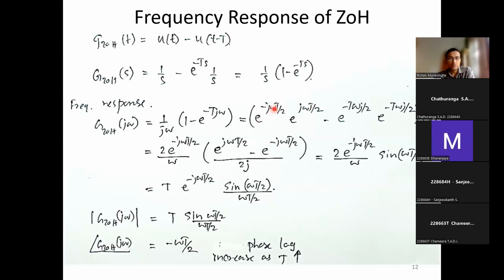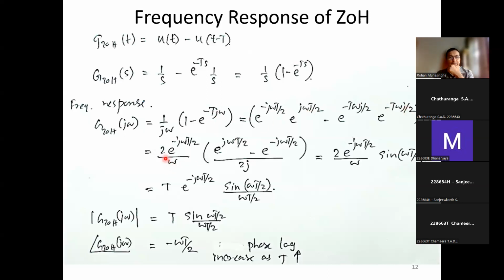So anything to the power 0 is 1, right? This is one way of writing 1 as two exponential terms. And this one, e to the minus Tj omega, is also written in a very similar way, as half and half here. They're both negative, so they add together.